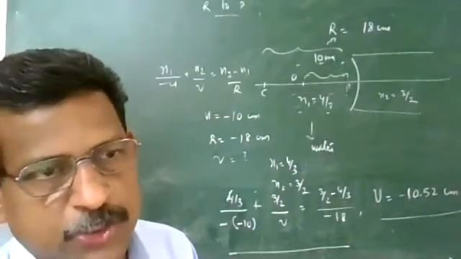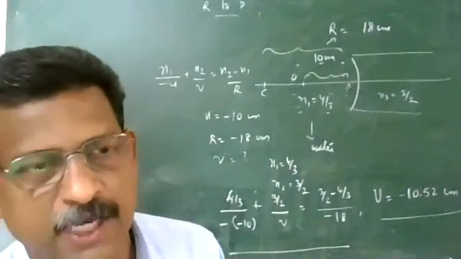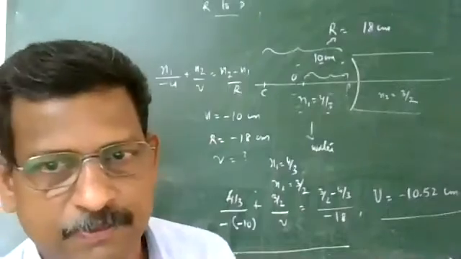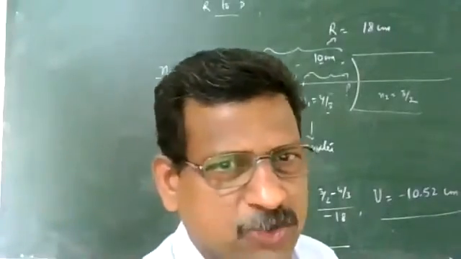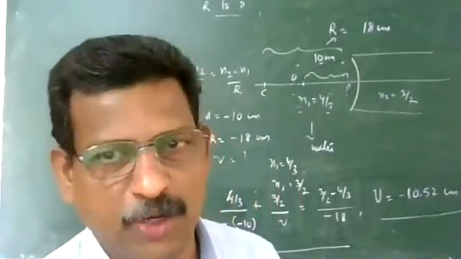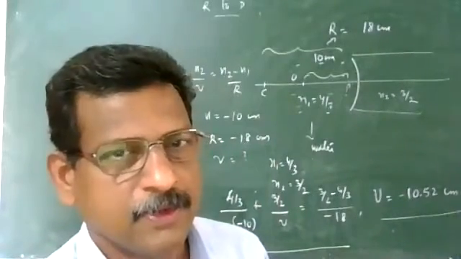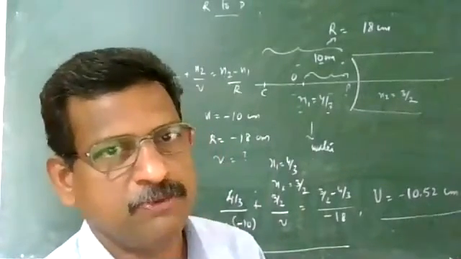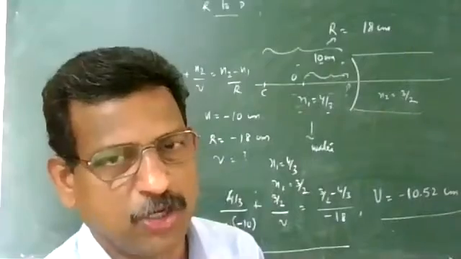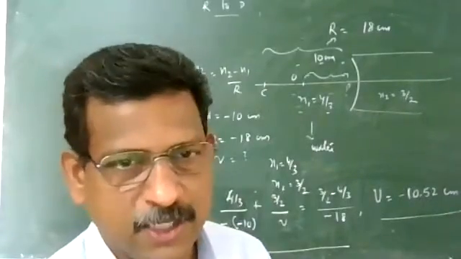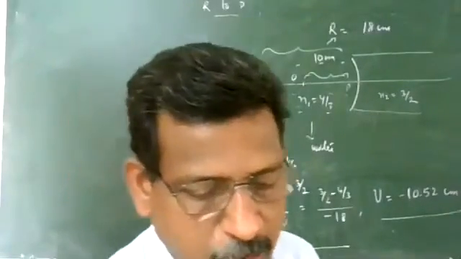If V is positive, it is a real image. V negative stands for a virtual image. Concave SRS always makes a virtual image. Convex can form both real and virtual. So if it is specially mentioned, it's a virtual image, so it is on the left side. Real images are on the right side. This point you can note down.